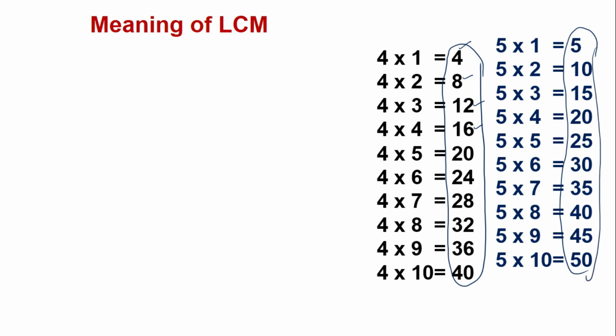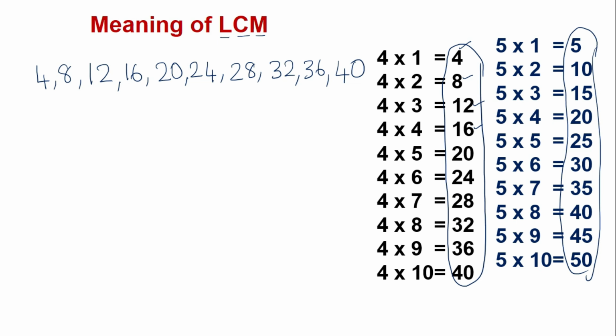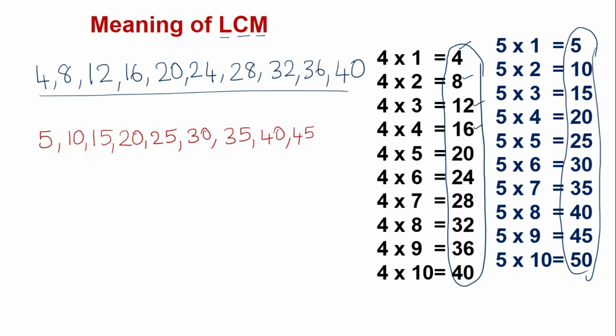Now what do you mean by the lowest common multiple? Listing the first 10 multiples of 4 here and the first 10 multiples of 5 below, you're going to look at the lowest or the least common multiple.